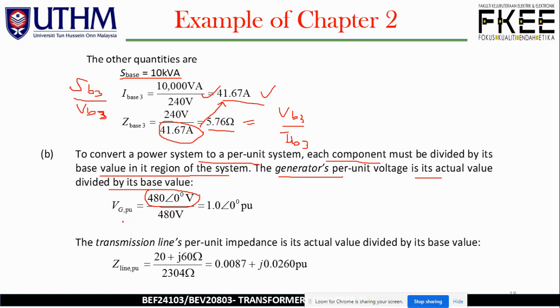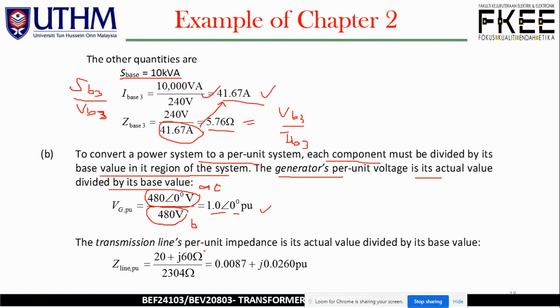In that case, we have VG PU equal to 440 volts at 0 degrees over 440 volts. This is the base, and this is the actual in the system. And we do have VG PU 1.0 at an angle of 0 degrees, PU.